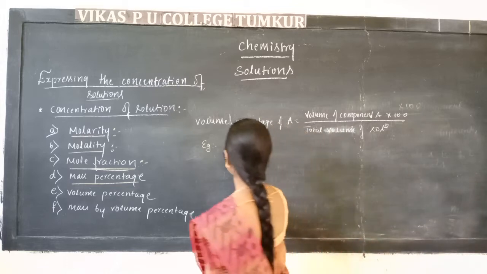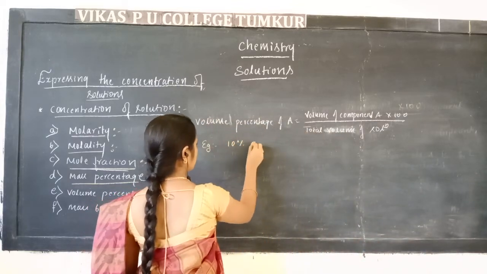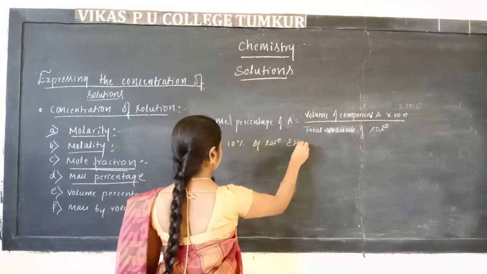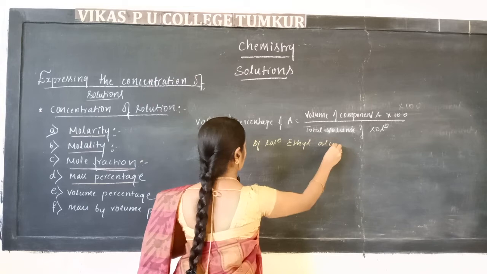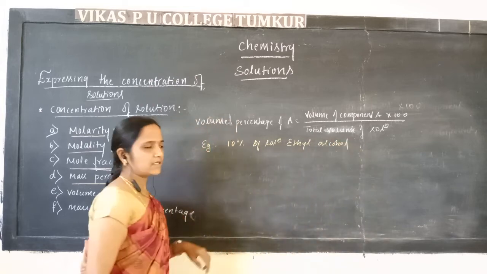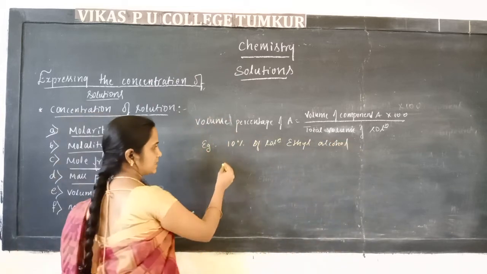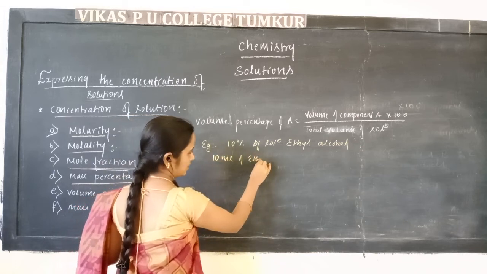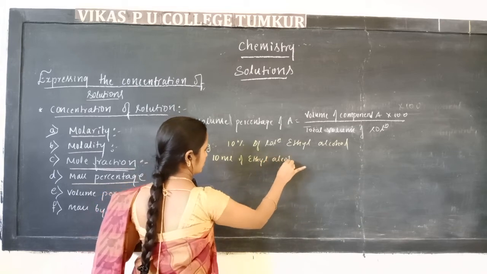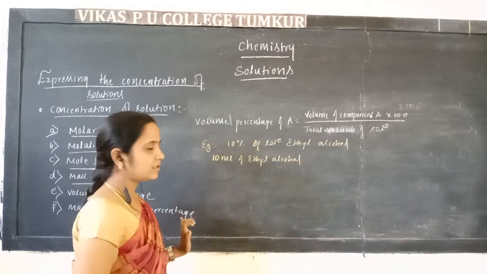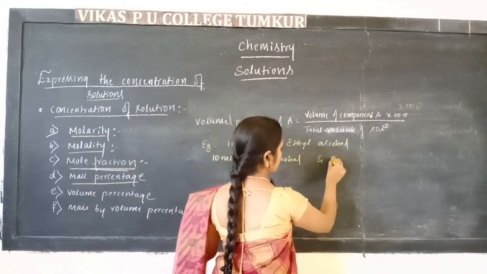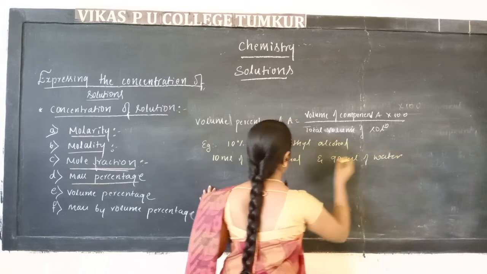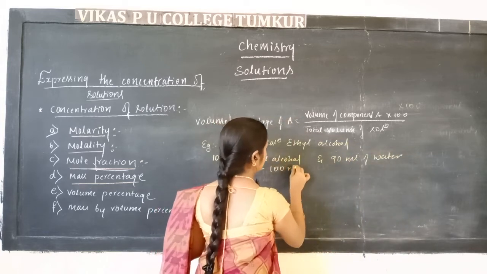A 10% solution of ethyl alcohol means 10 ml of ethyl alcohol and 90 ml of water. It results in 100 ml of solution.